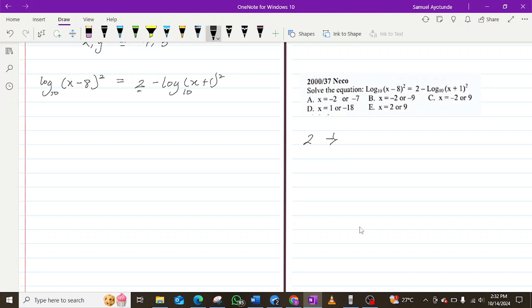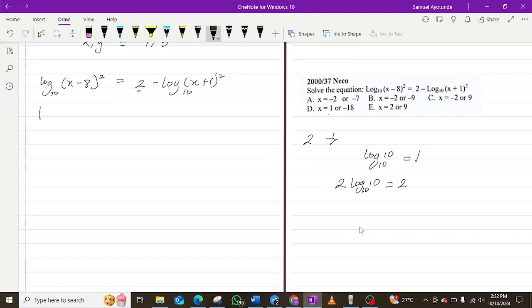As we know that when the base and the exponent are the same, the answer is equal to 1. So if I have 2 log 10, this is still equal to 2. So I can use that to replace 2 here.